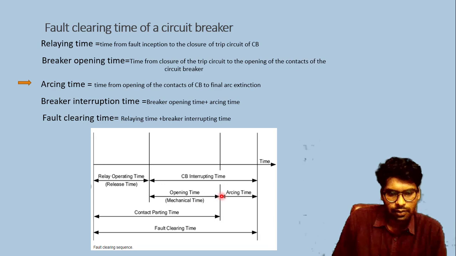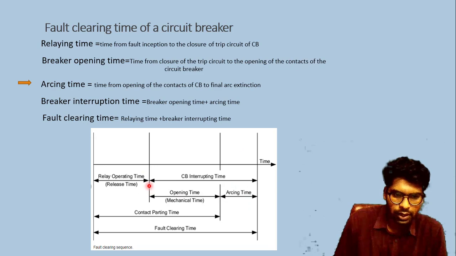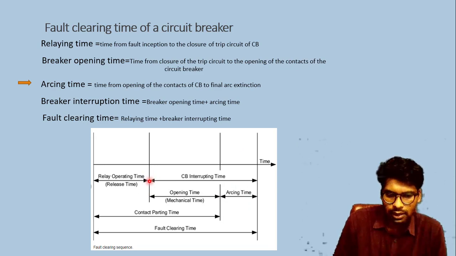From the starting of the arc to the arc extinction is this part. Up to here the relay time is there. Once the relay gives information to the circuit breaker, it starts opening. After opening, there will be formation of an arc. So these entire three parts are called the circuit fault clearing time.